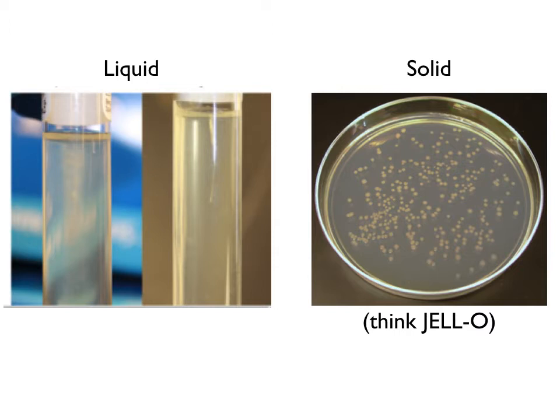One thing I want to point out about the right side, all those little dots on that bacterial plate, each one of those represents a bacterial colony, and each colony in a bacterial culture like this is a visible population of bacteria, meaning it's not a single bacterium sitting there, it's thousands or tens of thousands of bacteria, and each of those colonies on the plate is the descendant of a single bacterium.